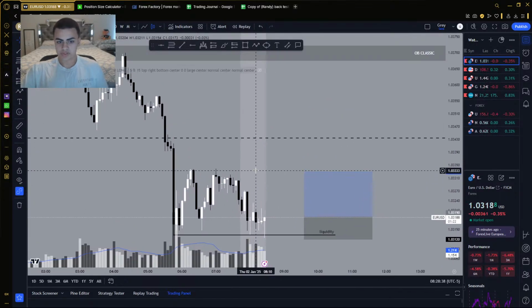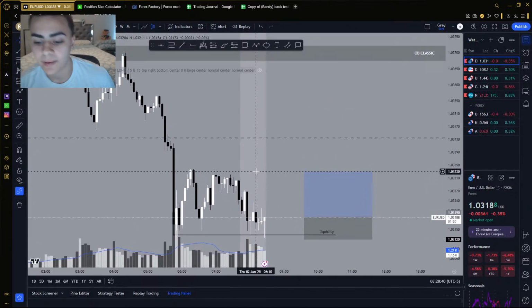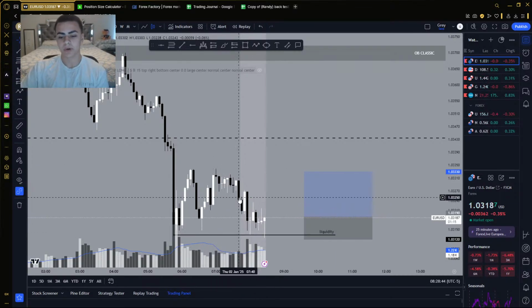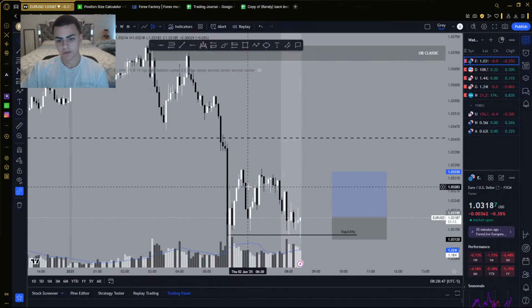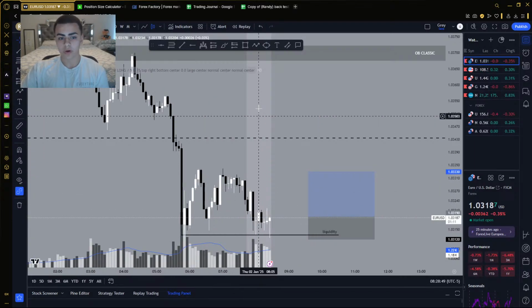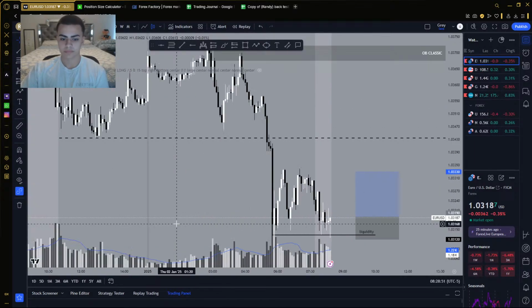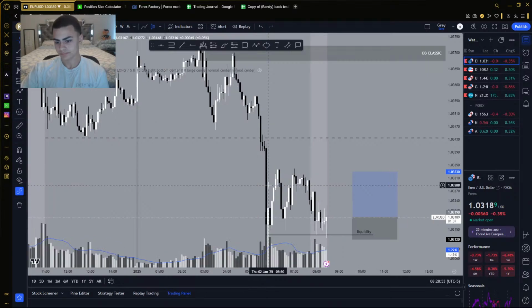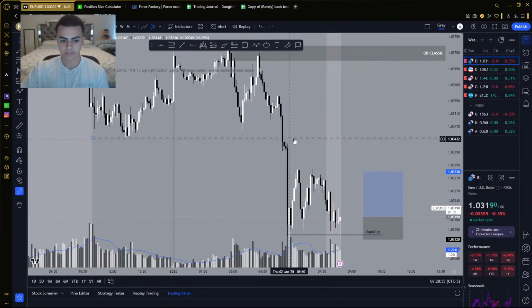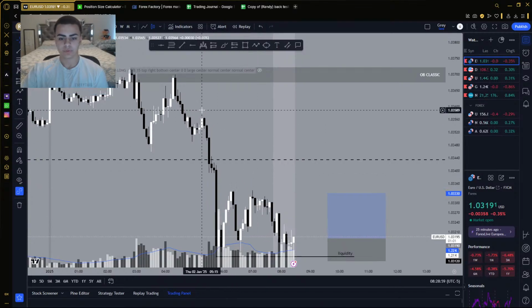I mean, there's two things that I hope the news does. I hope it doesn't do nothing, but it is a red folder, so it'll probably affect it a lot. Or I hope that it goes all the way up here. If not this point right here, to then reject. Or up here, which is a strong resistance up here also.